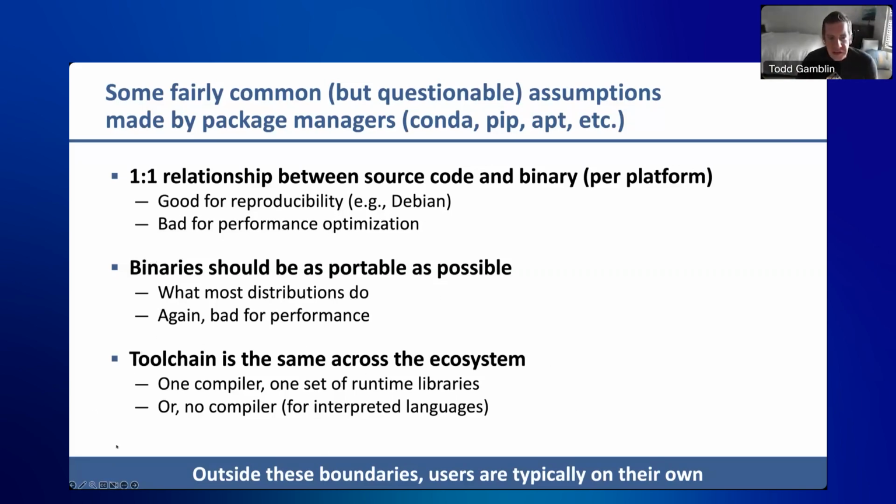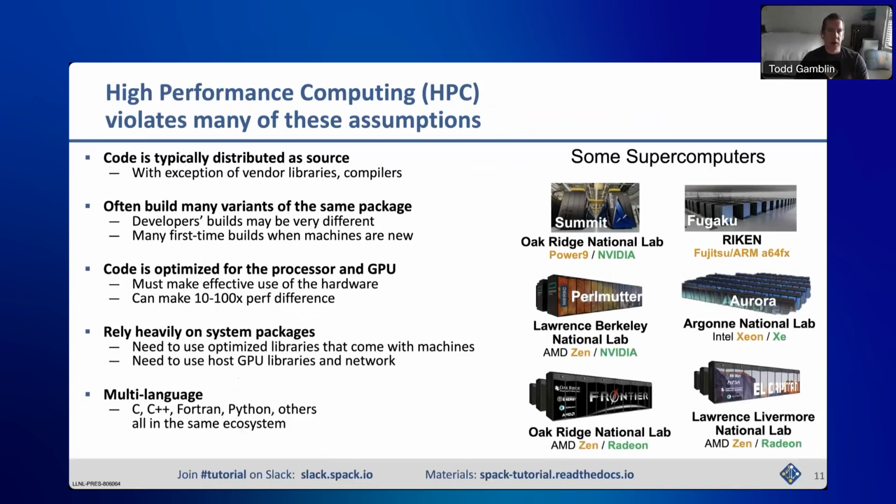There are things like dev toolsets in RHEL, and SUSE has an equivalent. But again, you're limited on the system to one version of that library from the whole system. And so you don't get the freedom to use multiple software stacks that maybe have dependencies on different versions of libraries. And so you're pretty much on your own and have to build your own stuff when you get to that point.